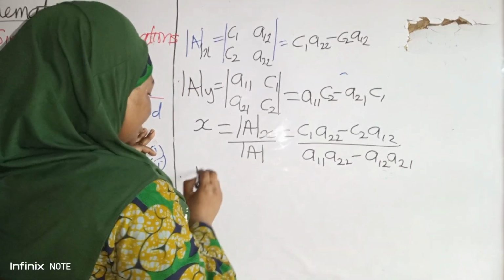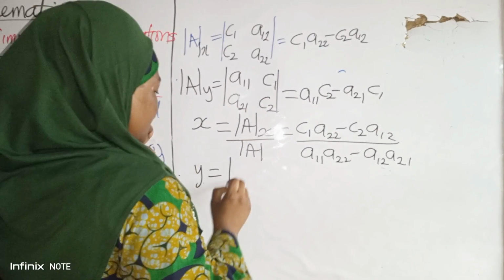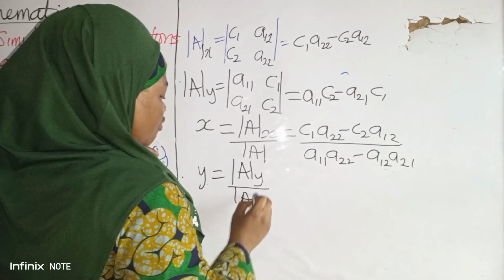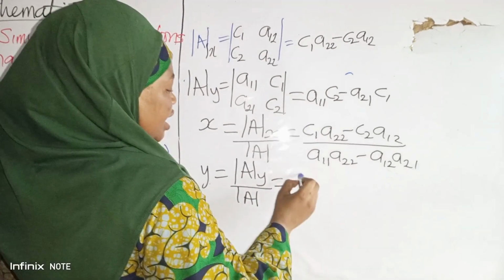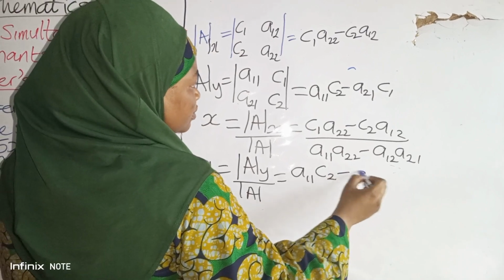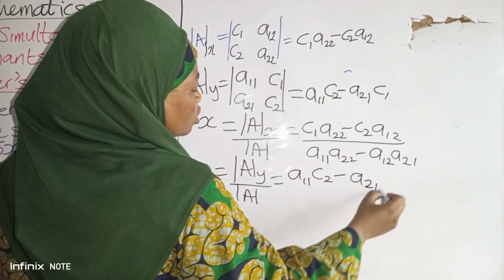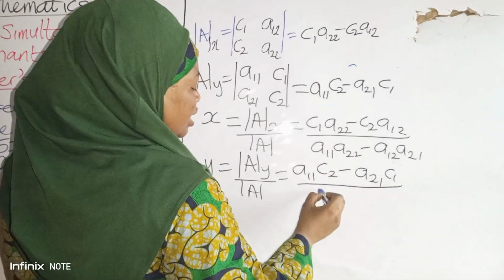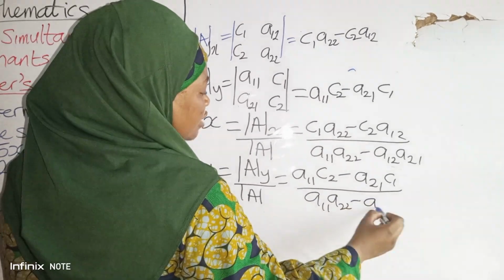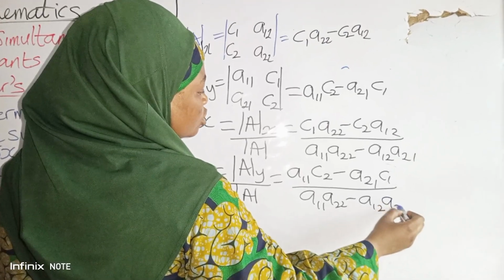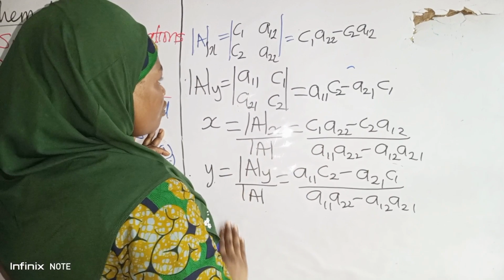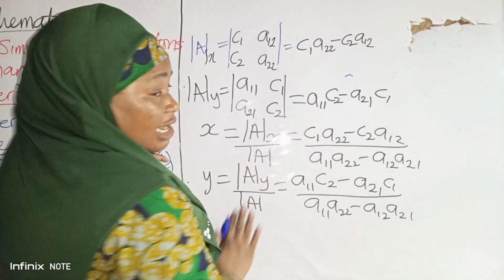To find y, it will also be the determinant of A with respect to y divided by the determinant of A, which is a11 c2 minus a12 a21 c1 divided by a11 a22 minus a12 a21. So that is how to find the solution of simultaneous equations using Cramer's rule.